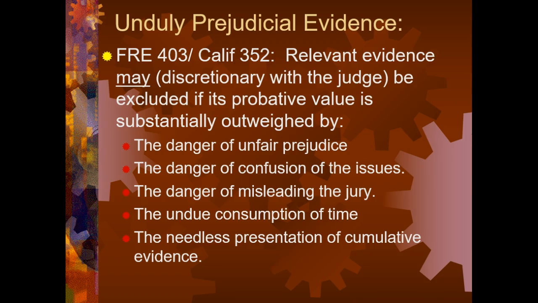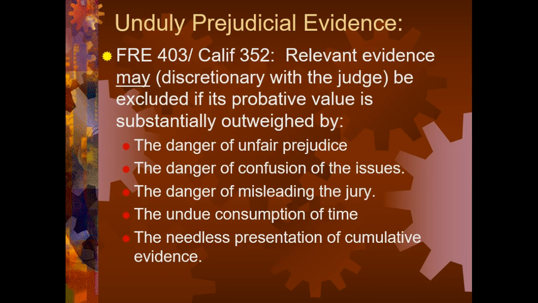And once the judge has both of those things in his or her hands and is weighing them, the probative value must be substantially outweighed. That means the prejudicial effect must be much higher, not just a little bit higher, but much higher.